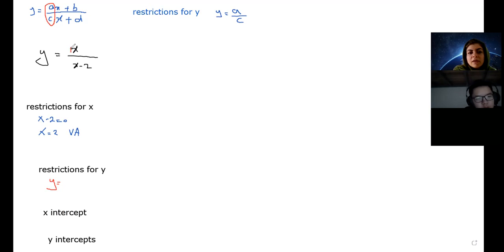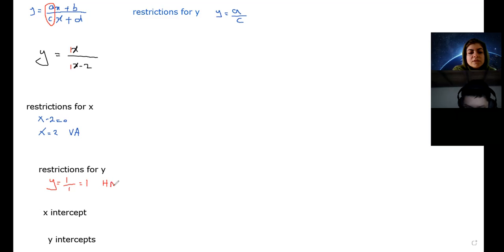You don't have anything, right? So what is the coefficient of x in the denominator? 1. So a over c, coefficient of x over the coefficient of x, is 1 over 1, which is y equal to 1. This is the restriction. This is going to be your horizontal asymptote.